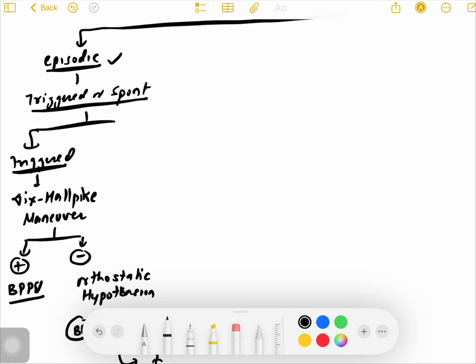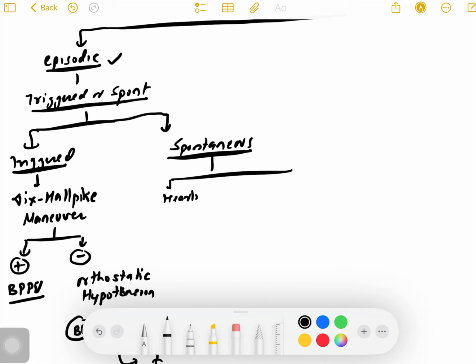After that, if it is episodic and spontaneous, without any trigger, then we have to find out if the patient has hearing loss or not. If the patient has hearing loss, that can be Meniere's disease. If the patient also has migraine headache, then that can be vestibular migraine.